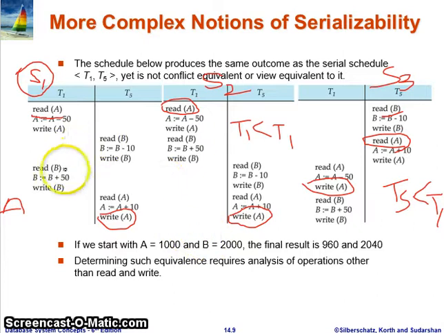The third condition is that if some value is written by one transaction and read by some other transaction, the same must hold. Here transaction T1 is writing A, then this read operation reads that value, means this transaction is producing a value of A which is consumed by transaction T5. So the third condition is T1 preceding T5.